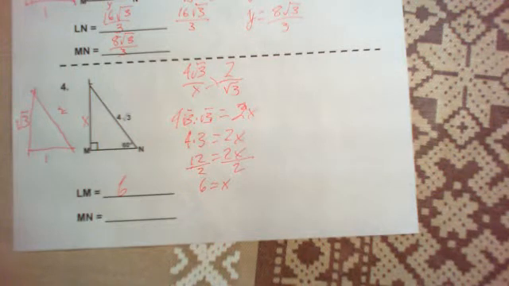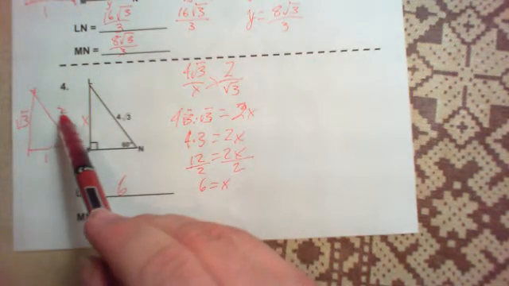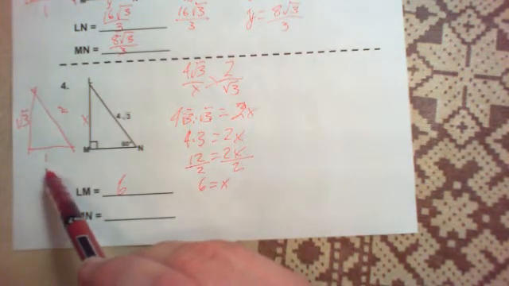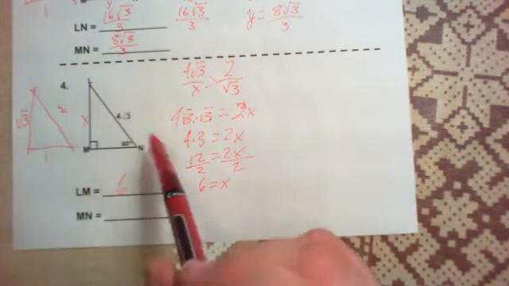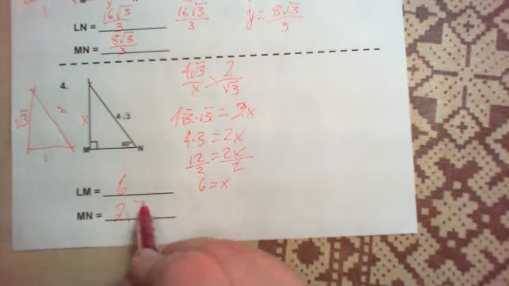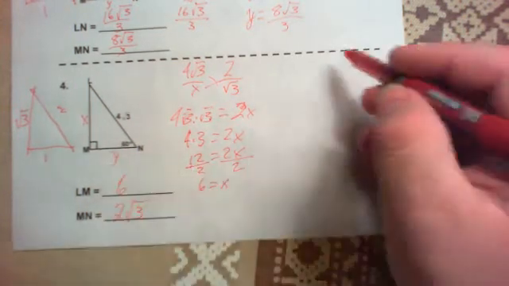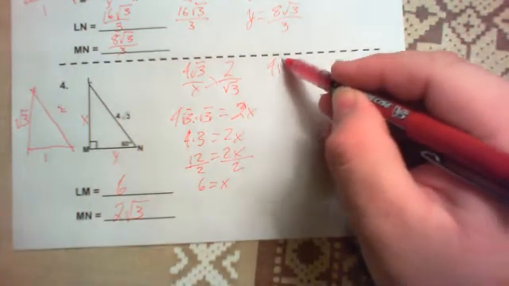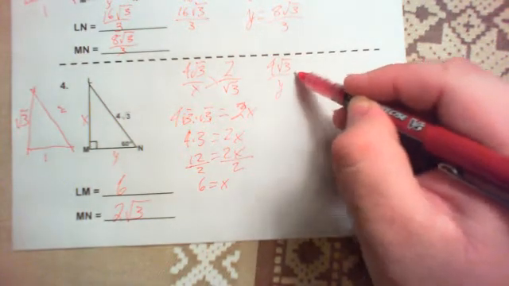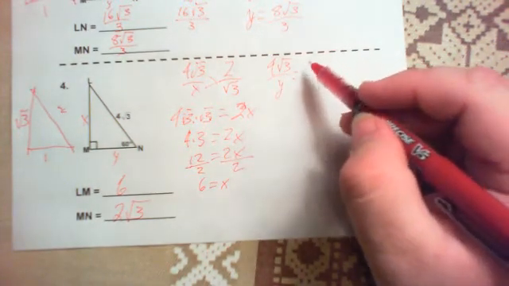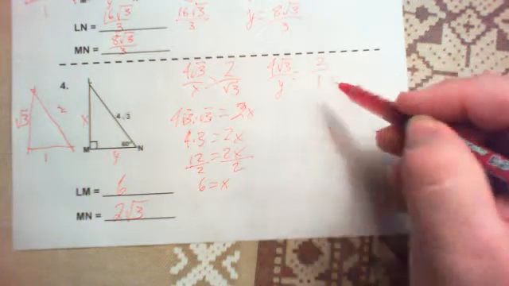Now side MN, just from eyeballing it, and we'll prove it with the ratios in a minute, but over here this is 2 compared to 1, so 1 is half of 2, half of this is 2 times the square root of 3. Just a quick way of eyeballing it because I see the relationship. But let's go ahead for the fun of it, because math is fun, and set up our ratios of 2 is to 1.